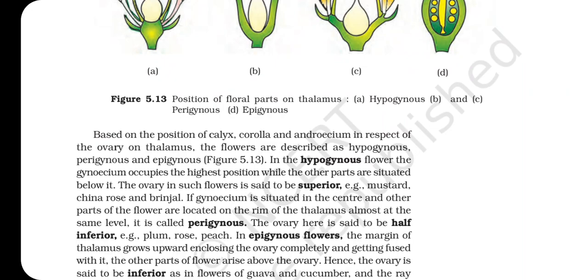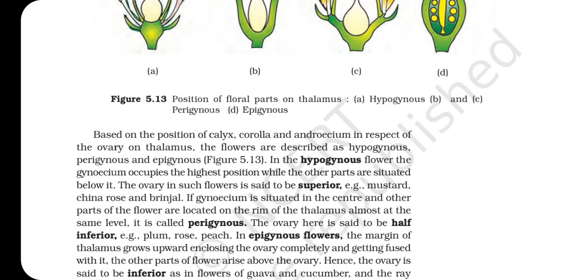In the hypogynous flower, the gynoecium occupies the highest position, while the other parts are situated below it. The ovary in such a flower is said to be superior, as in mustard, China rose, and brinjal. In perigynous flowers, the gynoecium is situated in the center, and other parts of the flower are located on the rim of the thalamus, almost at the same level. It is called perigynous.